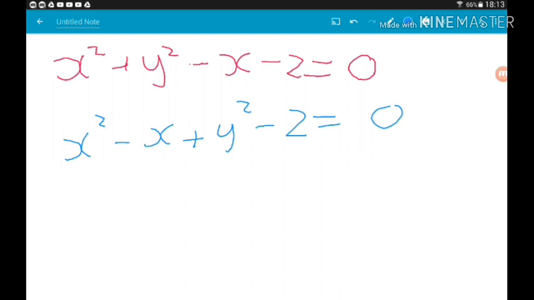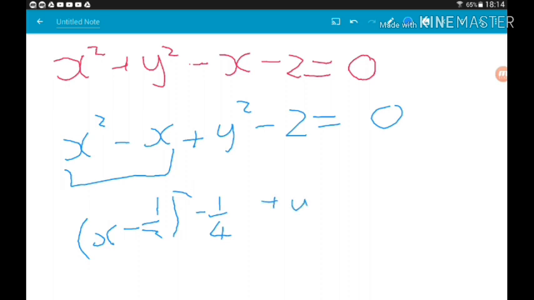So, we now need to complete the square on x squared minus x. So that is going to be x minus 1/2 all squared, and then we have to subtract the square of 1/2, which is a quarter. So we minus a quarter on the other side like that. Then we've just got plus y squared minus 2.